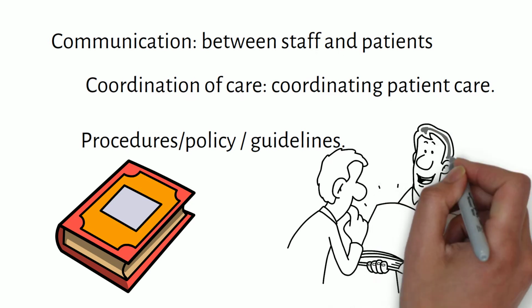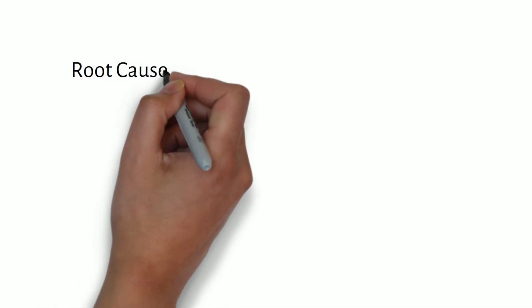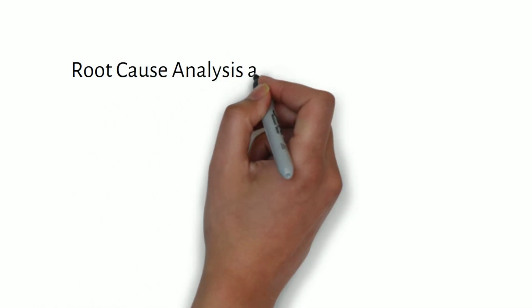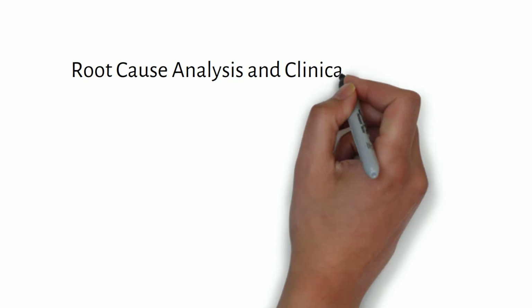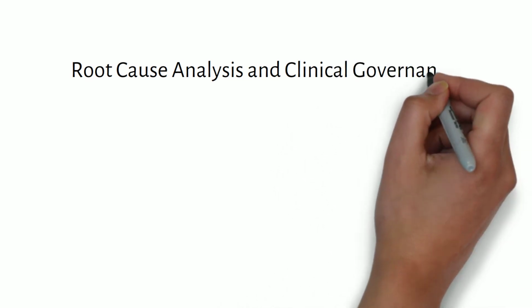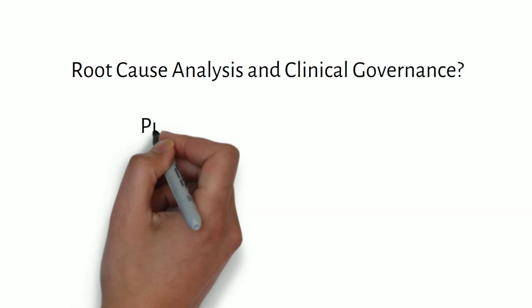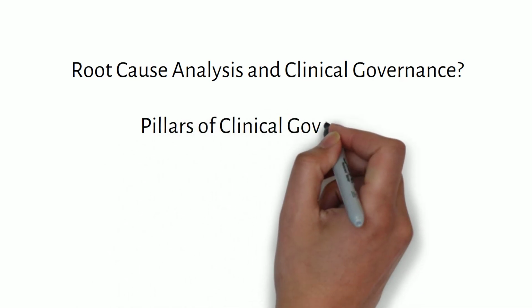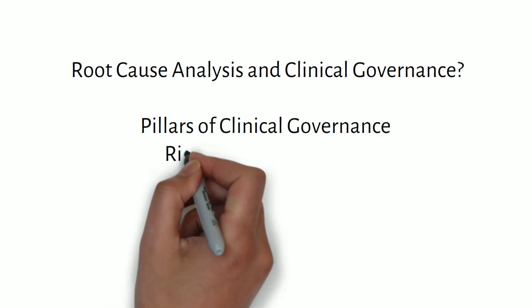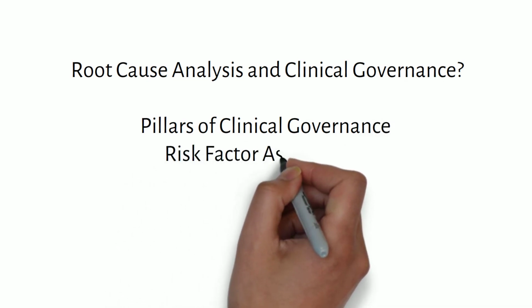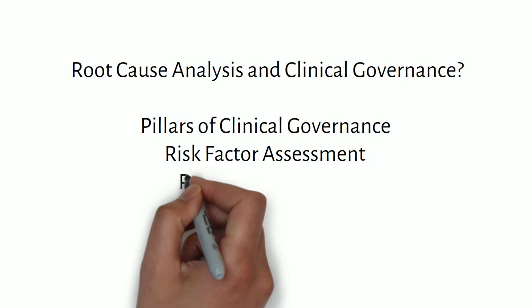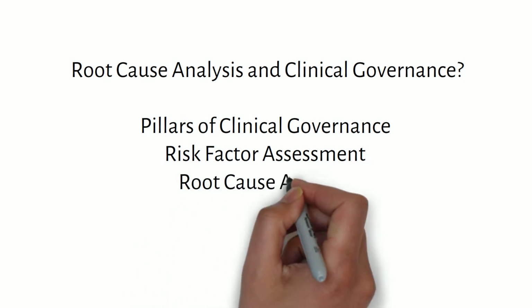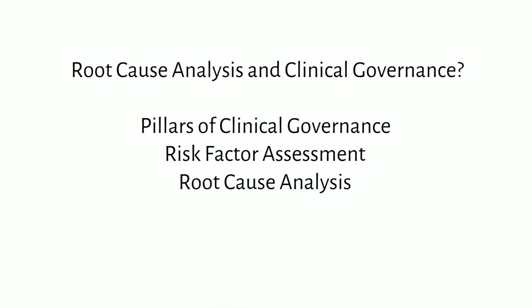The next question that we want to ask ourselves is, how does RCA factor into the platform of clinical governance? Root cause analysis, or RCA, is a component of risk factor assessment. Root cause analysis focuses on problems within the institution, while risk factor assessment has a broader playing field to allow the institution to survive and to thrive.